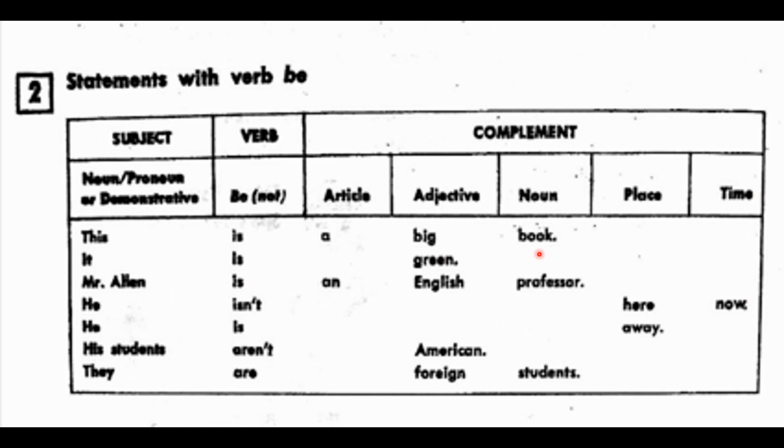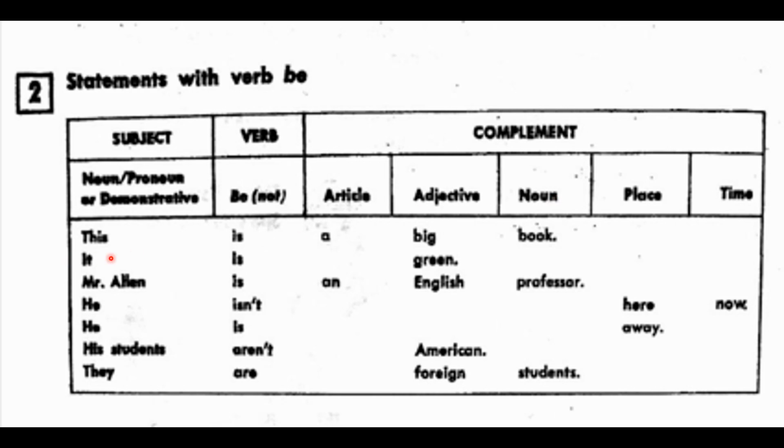This is a big book. It is green. Mr. Allen is an English professor. He isn't here now. He is away. Note that it is not always that the complement elements are available in each sentence.